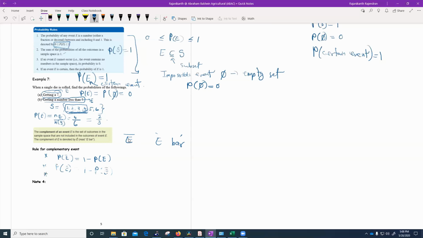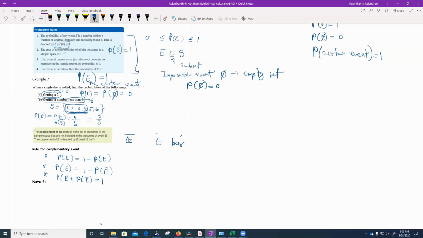Or the third relationship says the probability of any event E plus the probability of its complement E bar always adds up to 1.